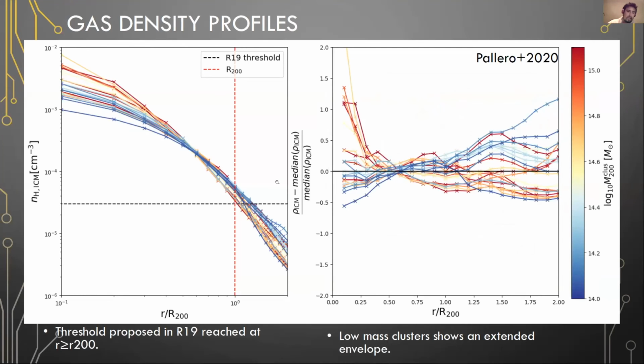So, for example, in our clusters, if we look at the gas density profiles, we can see that the threshold proposed by Roberts is reached around the virial radius of the cluster, where we are seeing this enhanced quenched fraction. We can also see that low mass clusters, shown here by the blue lines, possess a more extended envelope in cluster-centric normalized distance, which is more evident here in the normalized plot.